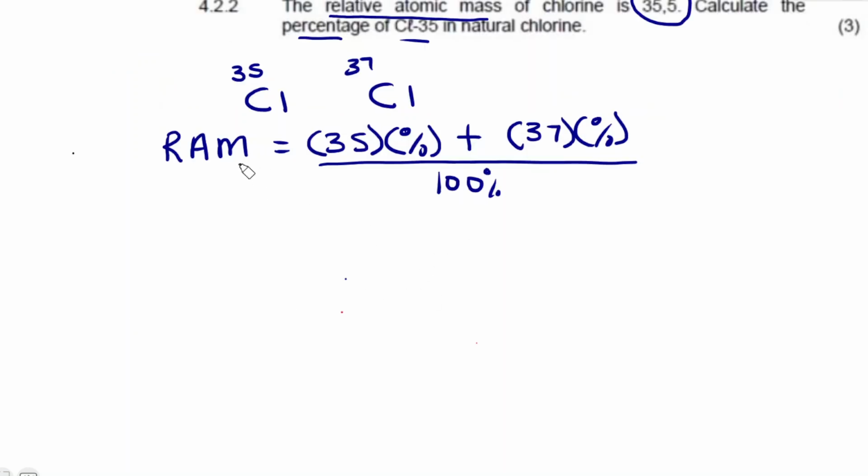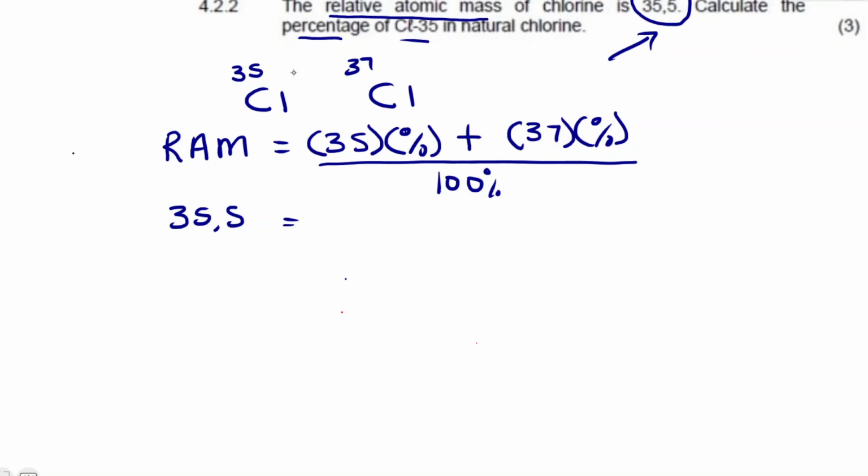Now let's substitute. The relative atomic mass is given to be 35.5. So they gave us the relative atomic mass. We don't know the percentage abundance of each.